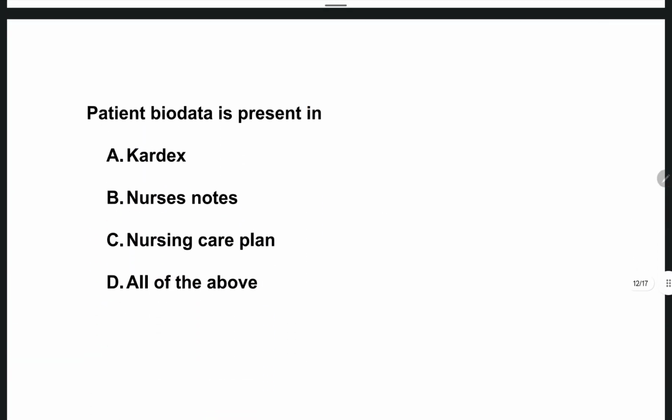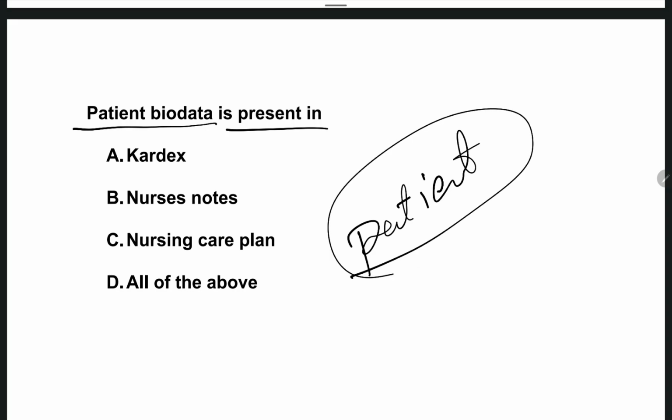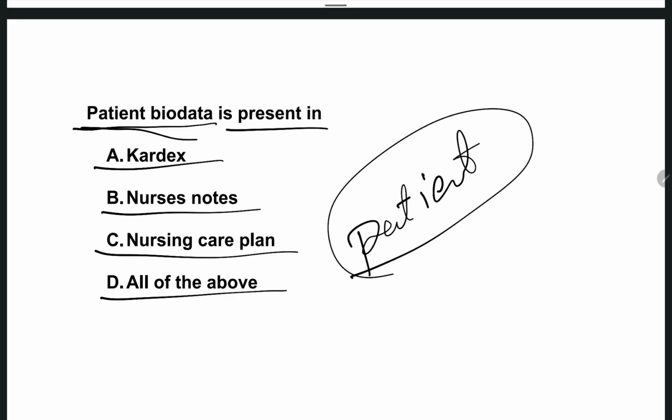The next one is: patient biodata is present in which of the forms? Option A, cardex. Option B, nurses notes. Option C, nursing care plan. Option D, all of the above. So where can we find the patient biodata? That is option A, cardex.